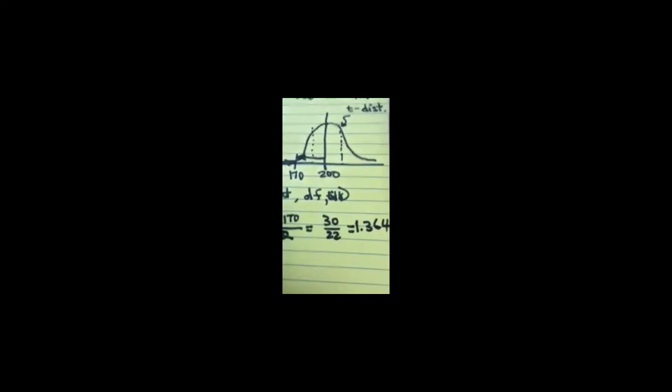Got the wrong number at first. Over 22, our standard error. And that is 30 over 22, which comes out to be about 1.364.